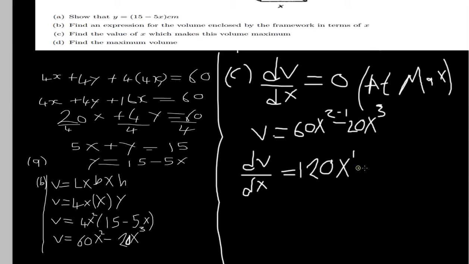And then minus, we do the same here. 3 times 20 you get 60, and then you write that x there, and you subtract 1 from the 3, you get 2. So this is how you differentiate polynomials.